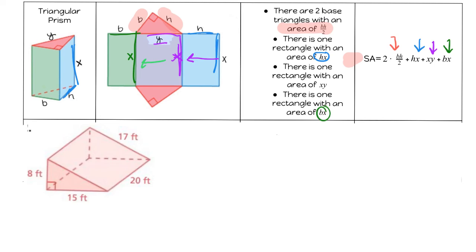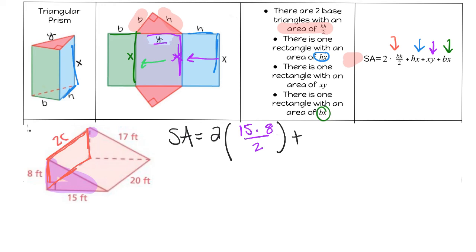So let's start with our triangular base. Surface area is 2 times, my base is 15 times my height of 8 divided by 2, plus, let's do this rectangle behind. It is a 20 by 8.